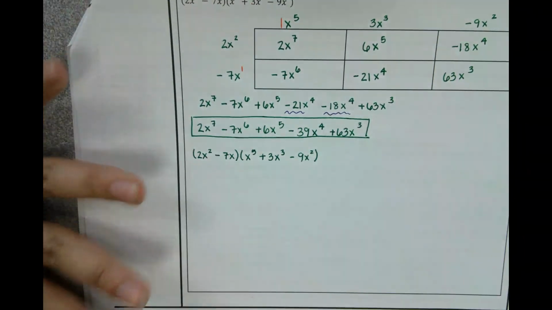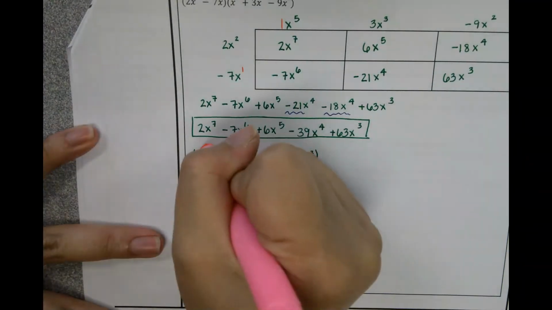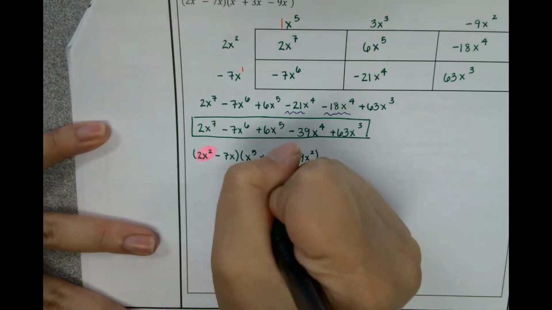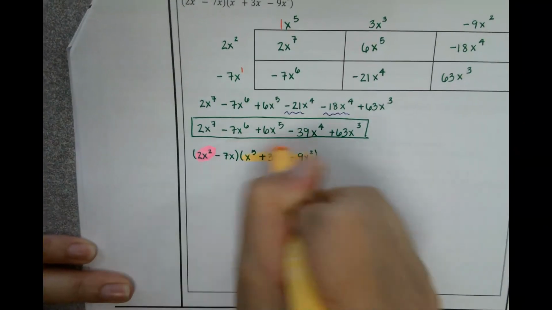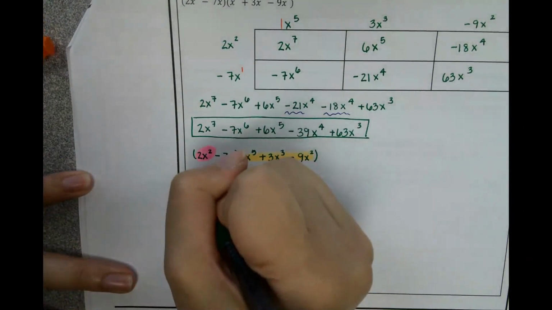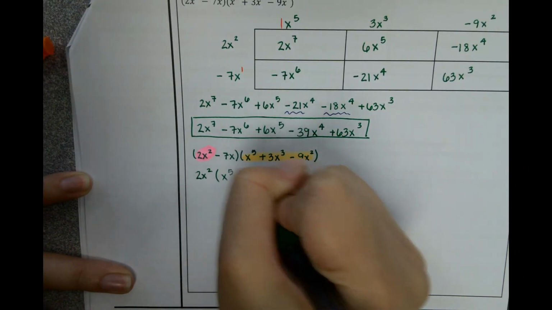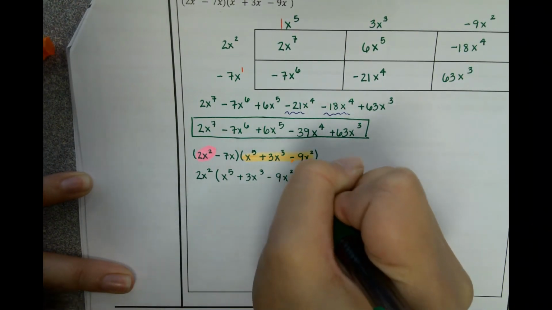The first thing I'm going to do is take my first term in my first polynomial, it's a binomial here, and distribute it to everything in my second polynomial. So I'm going to take that 2x squared and distribute it to the x to the 5th, the 3x to the 3rd, and the negative 9x squared.